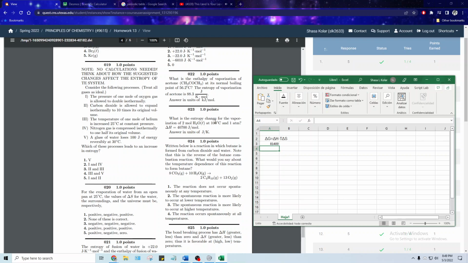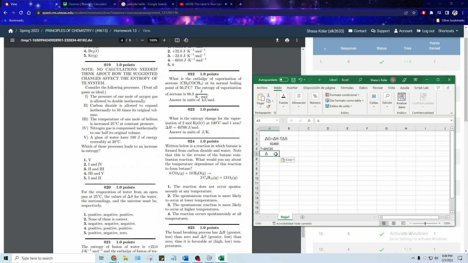We know what temperature it is. This is at 100 degrees Celsius, so G is 0, right? So we can move all our stuff around. We can have T equaling delta H over delta S.